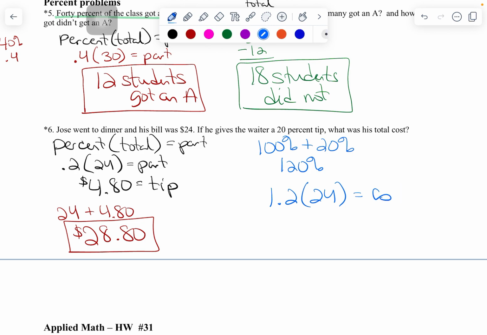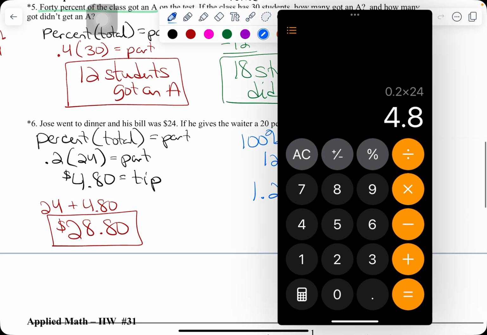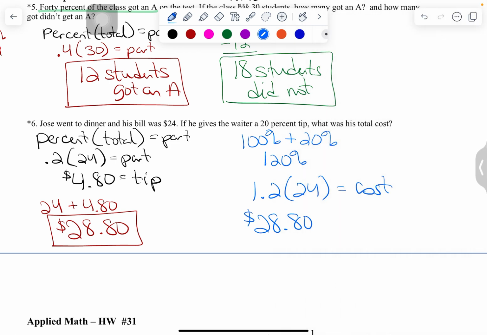All right. So cost. And so if I grab the calculator back, there it is. All right, so 1.2 times $24. Hey, look, that kind of looks familiar because it's the exact same thing, right? So he's still going to do $28.80. It's just a matter of how you find that information.